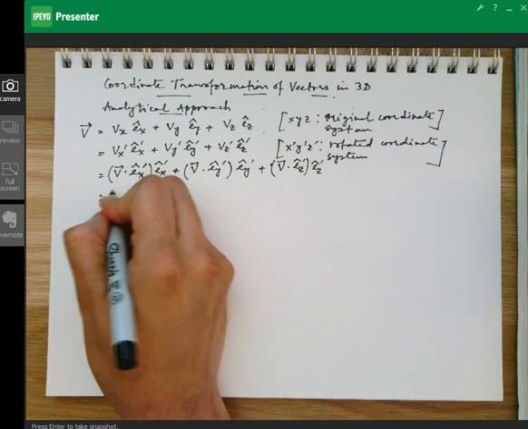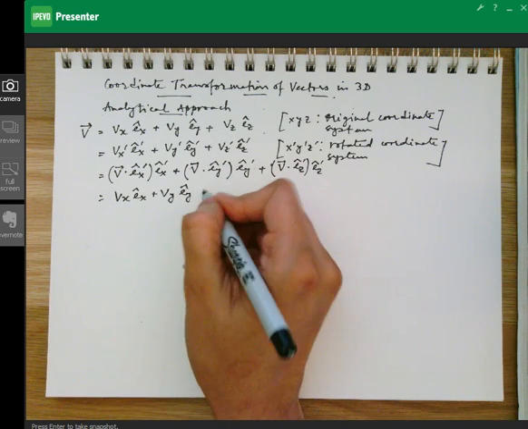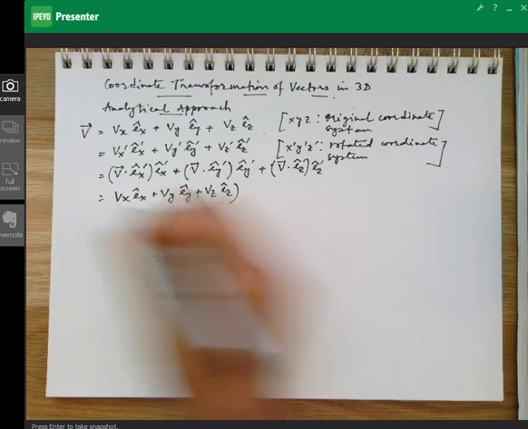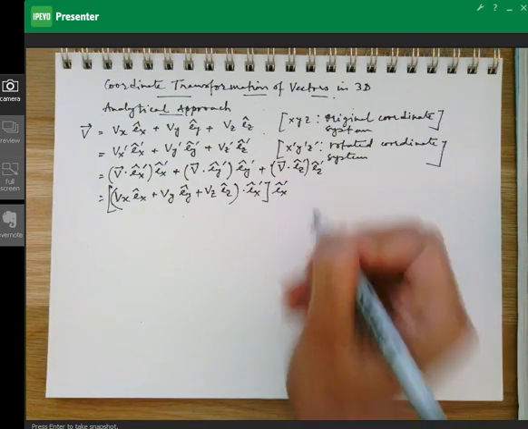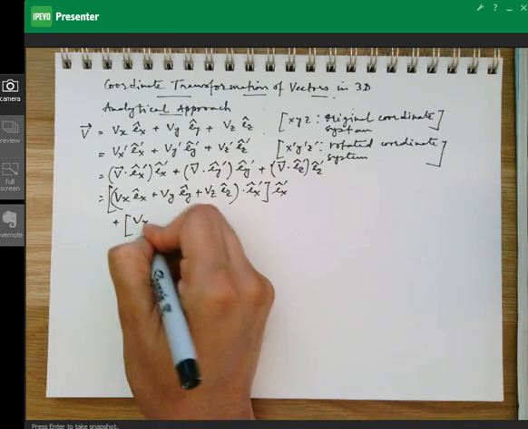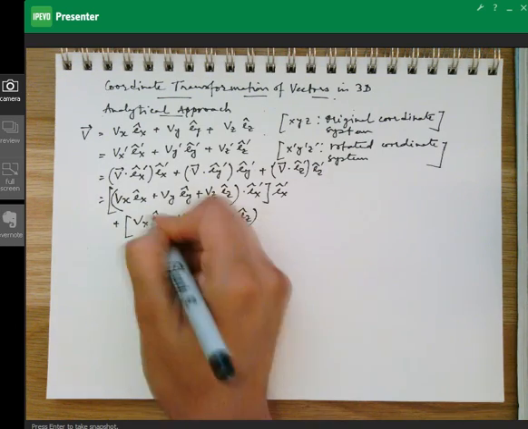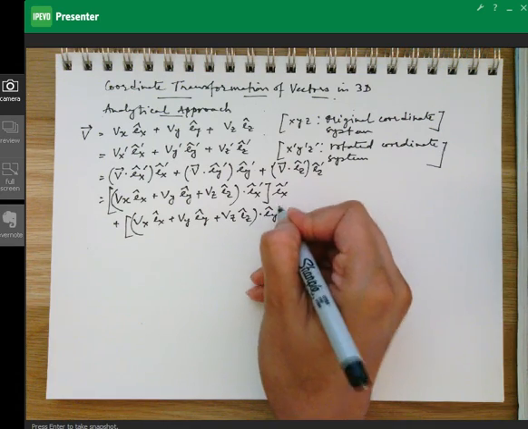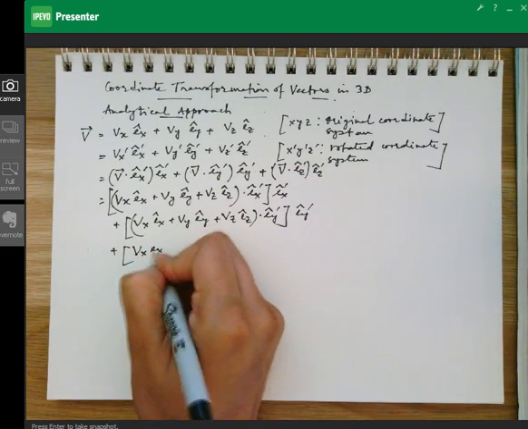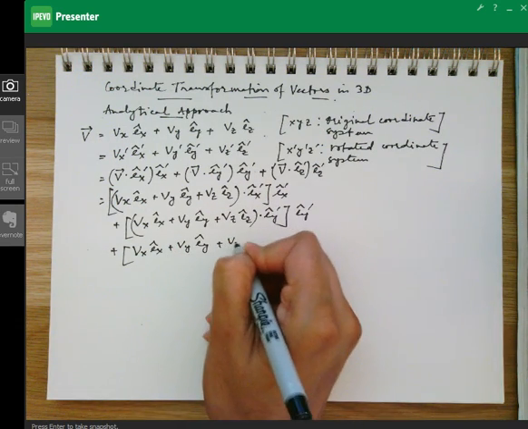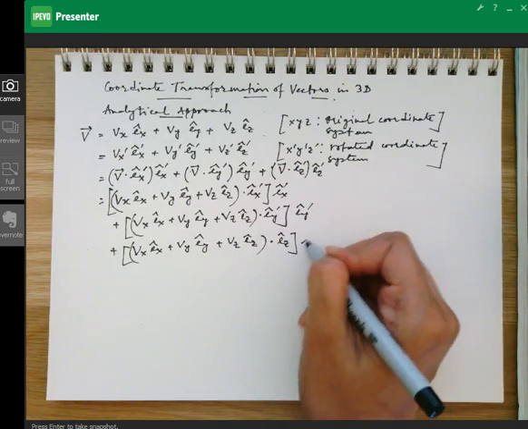So if we write it down, this becomes vx ex plus vy ey plus vz ez dotted with ex prime, the whole thing, and the ex prime remains outside, plus again vx ex plus vy ey plus vz ez, the whole thing dotted with ey prime, and then ey prime, plus again vx ex plus vy ey plus vz ez, the whole thing dotted with ez prime, and this outside ez prime.